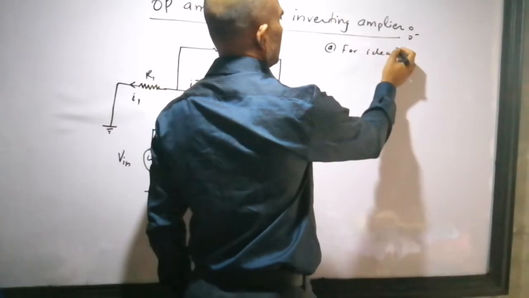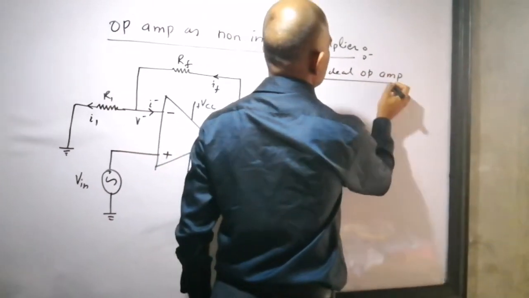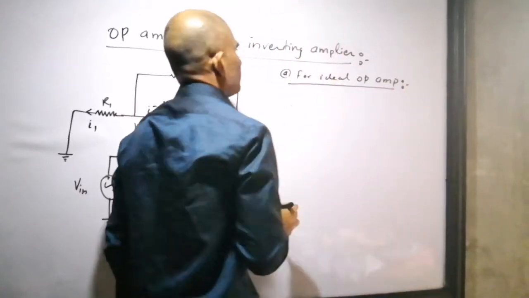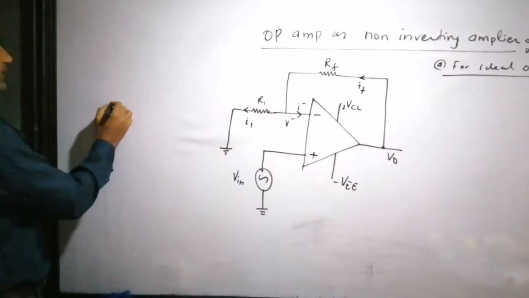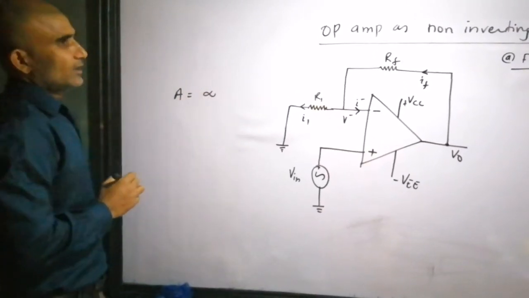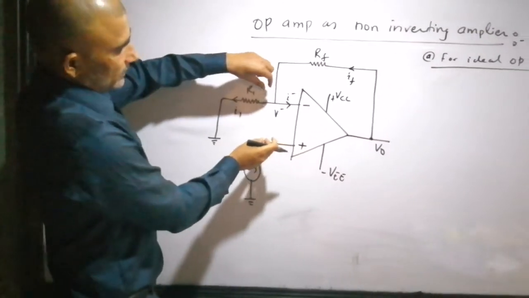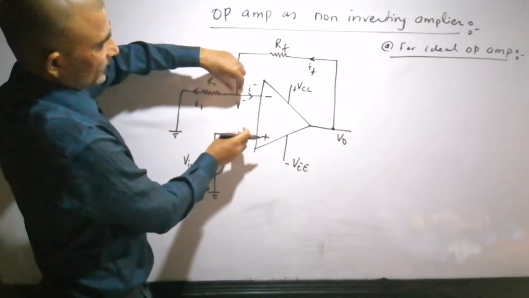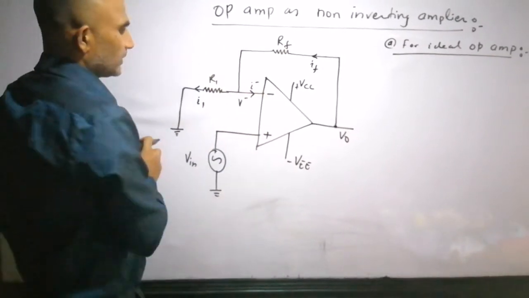Now the first case we are considering is the ideal op-amp, and we know that for an ideal operational amplifier A is infinity. The operational amplifier amplifies the difference of the inputs between the two terminals, inverting and non-inverting.